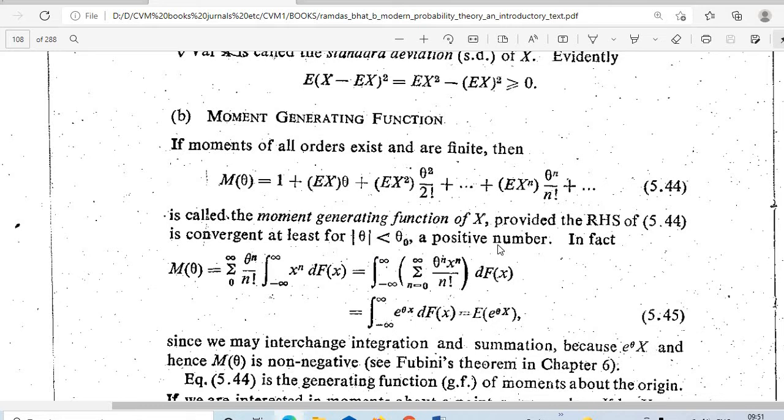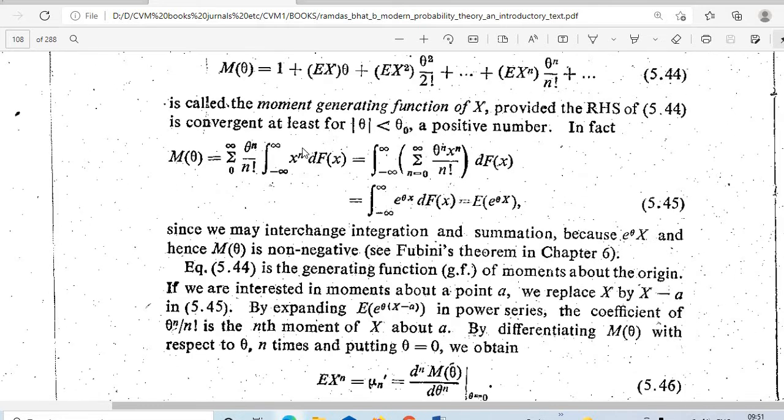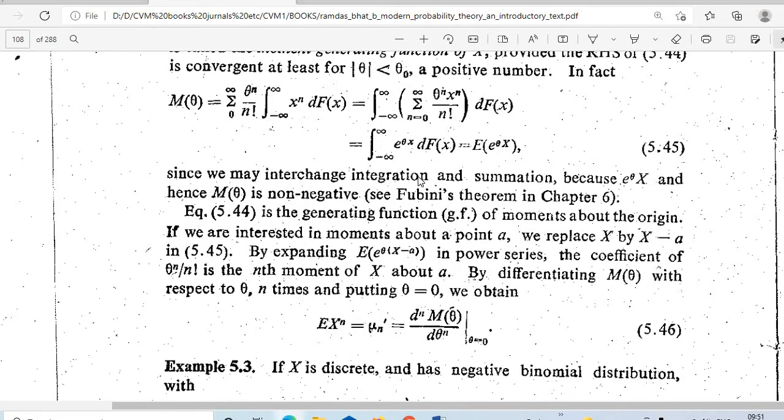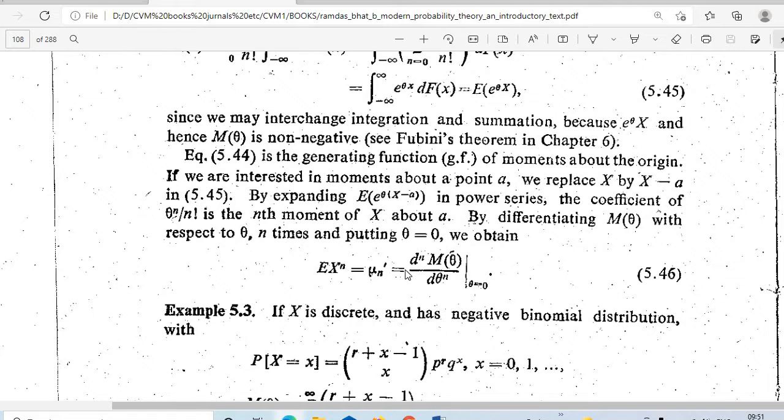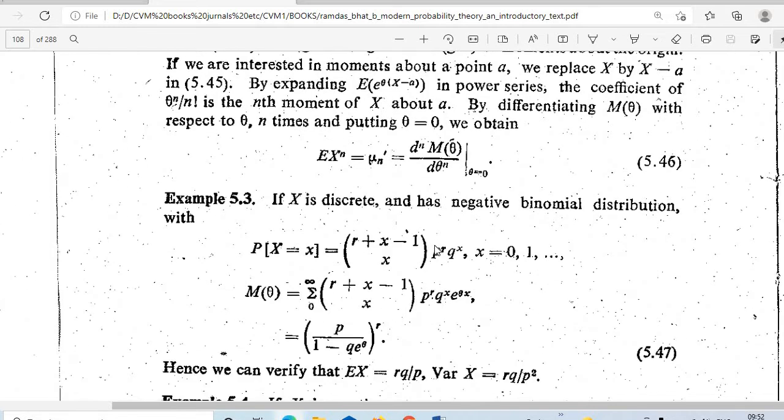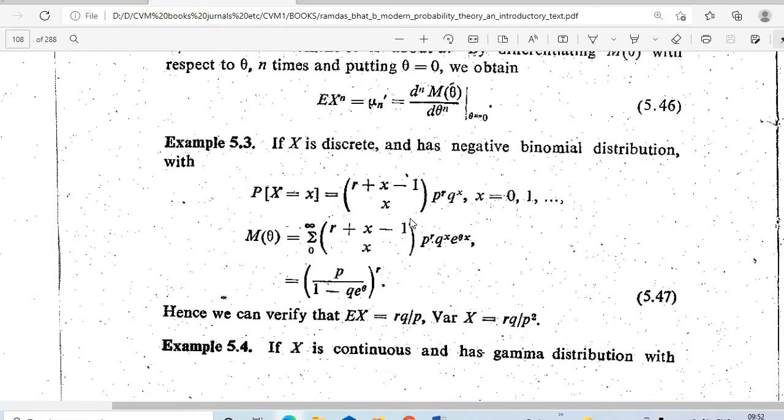This is the format of the moment generating function. If we differentiate the moment generating function once and put theta equal to 0, you will get the first raw moment. If we differentiate twice and put theta equal to 0, you will get the second raw moment, and so on. That is a known result. We can apply it here.